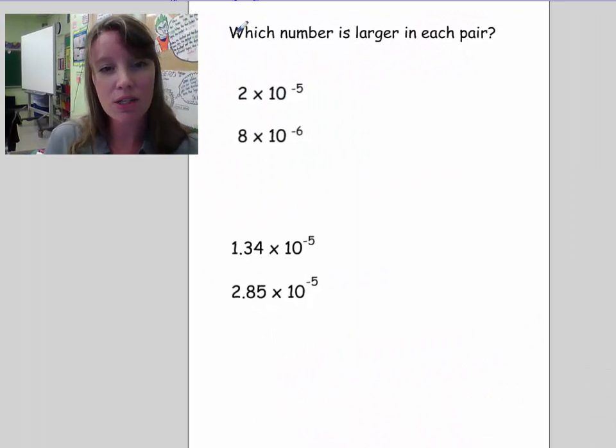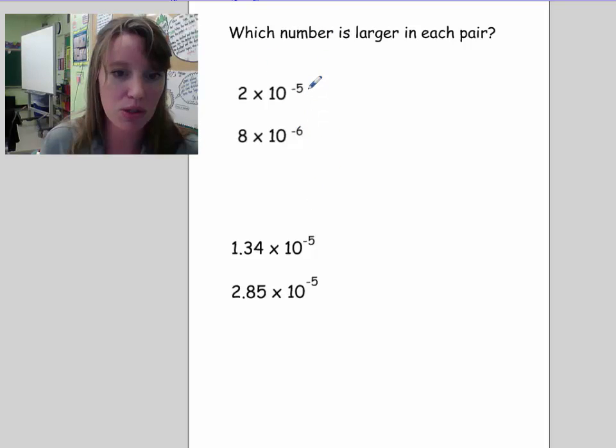Okay, so if I ask you to compare numbers, I've given a bunch of different situations here. Now these are with negative exponents. So which number is greater in each pair? Okay, so in this situation, I've given you two orders of magnitude that are different and two of them that are the same. When the orders of magnitude are different, we don't even have to look at the coefficient.